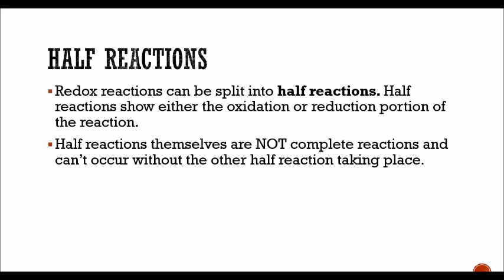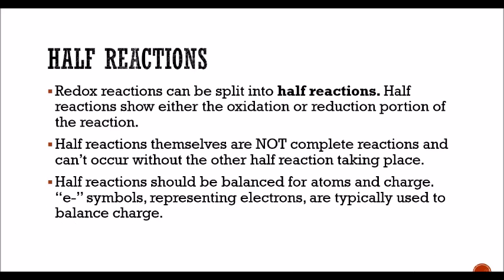So you don't have a complete reaction unless both half reactions are taking place at the same time. And like all reactions, half reactions should be balanced for atoms and charge. That's probably a new thing to you, being balanced for charge. We use little e- symbols, e^-1, which represent electrons, and those are used to balance charge.